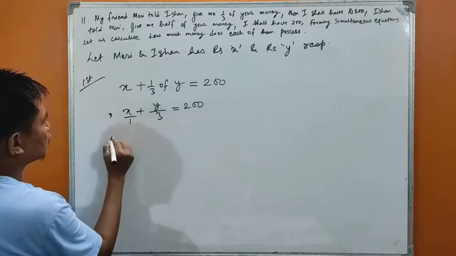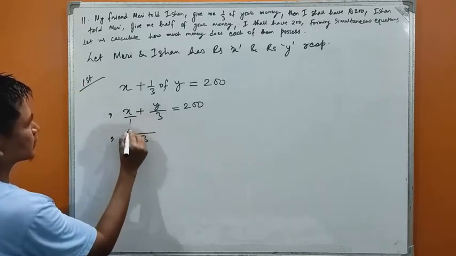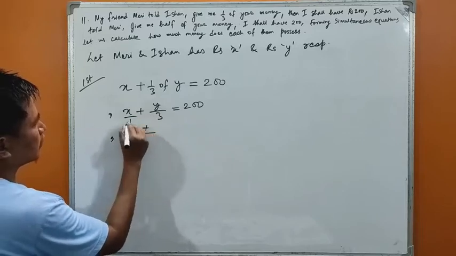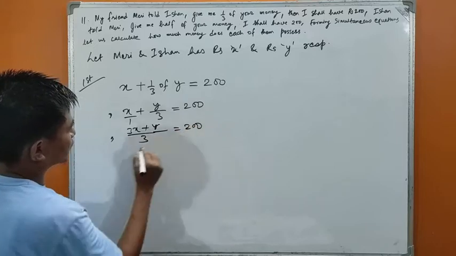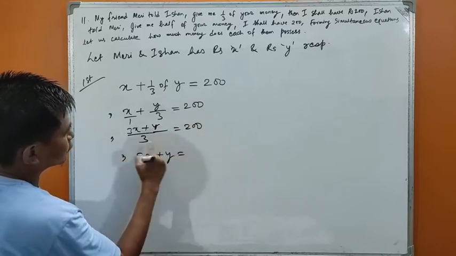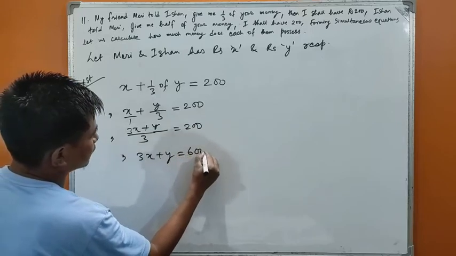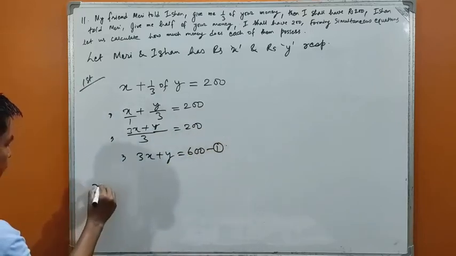So we have 1 in the denominator. LCM of 1 and 3 is 3. 3 into x is 3x plus 1 into y is y equals 200 into 3, which is 600. This gives us 3x plus y equals 600. This is equation 1. Now equation 2. Second condition is very easy.